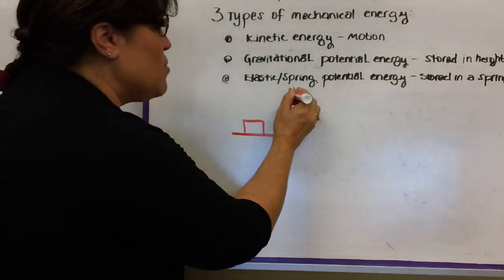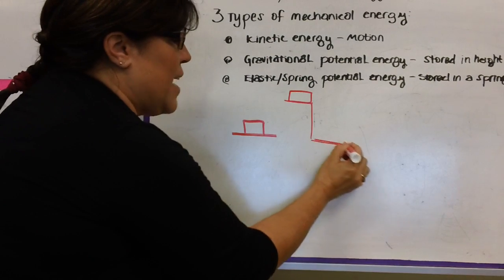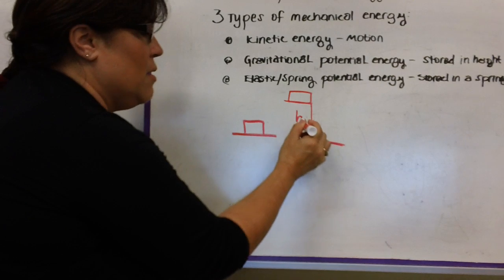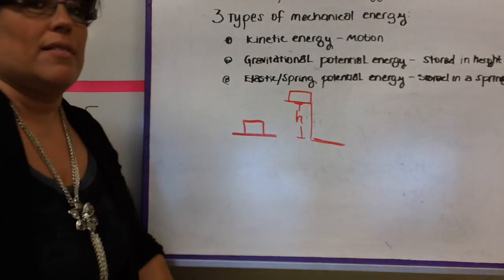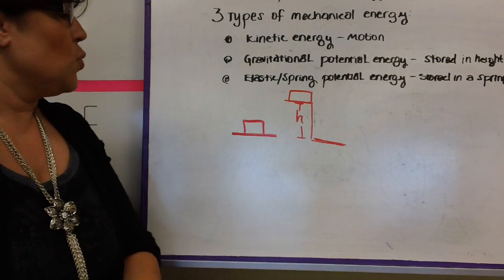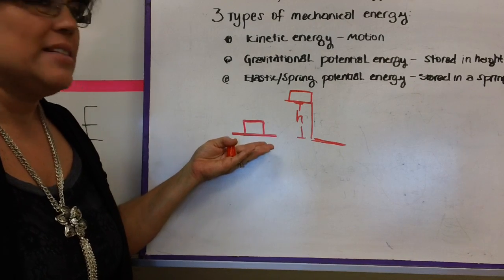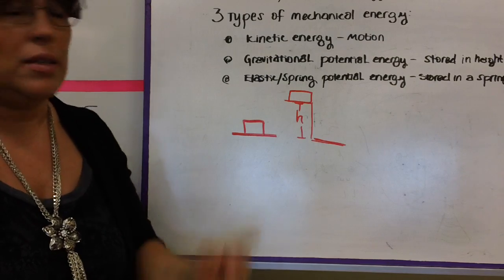But if I had an object that was up here on a ledge and the ground is down here, it has the ability to fall off that ledge and come down here. So if it's at a value of h, this is stored in the height that the object is at. Okay, so we're going to create gravitational potential energy based on where we want our 0 point to go. And we're going to talk about that in more detail in a couple slides.